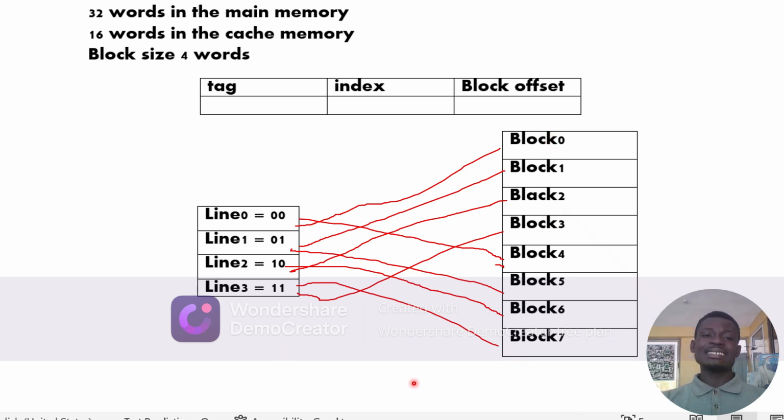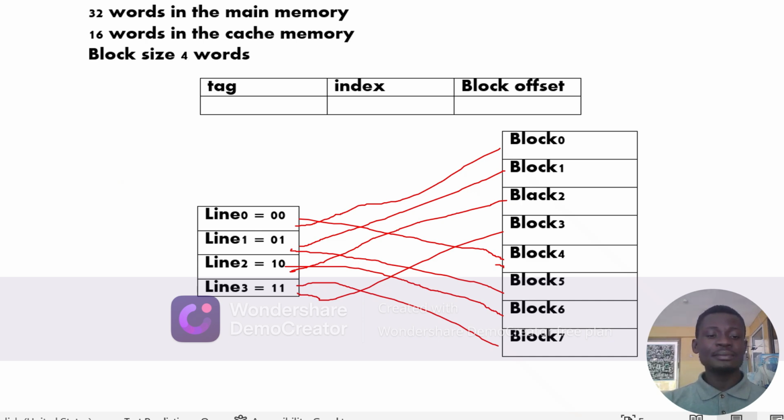Now we are going to talk about what will be the total bits for the physical memory. It depends on the total number of words of the main memory.